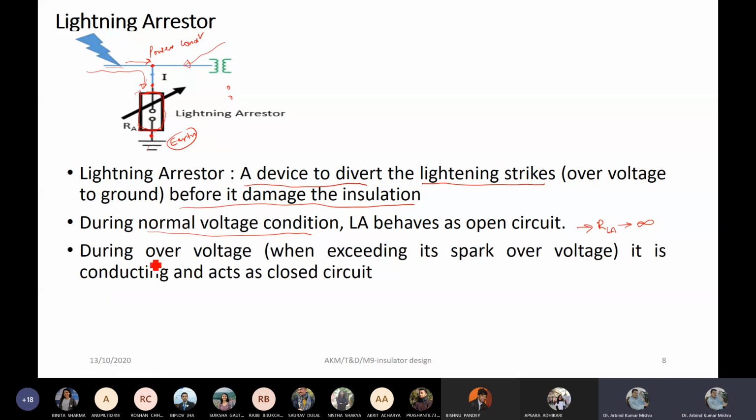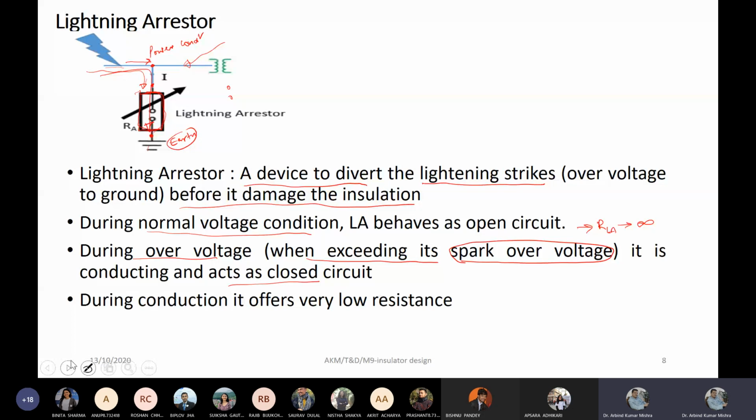Whenever during an over voltage the voltage at this point exceeds a fixed preset value, known as the spark over voltage, it conducts and acts as a closed circuit. So once it is a closed circuit, current starts flowing through it.